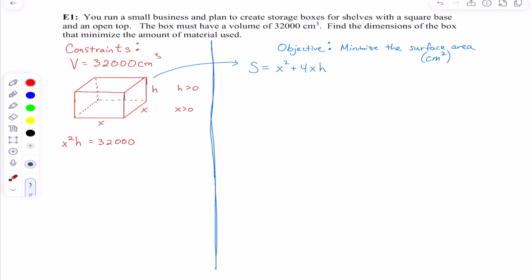We know x is non-zero. We could solve for h. And we take this h and put it over towards the objective side. Now we're able to write a differentiable function in terms of one variable.